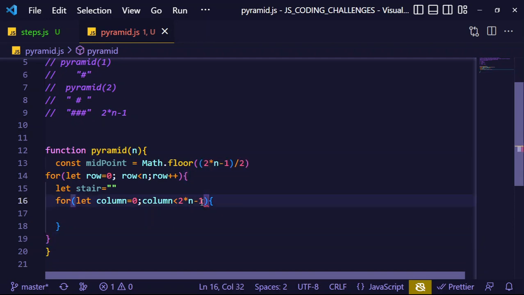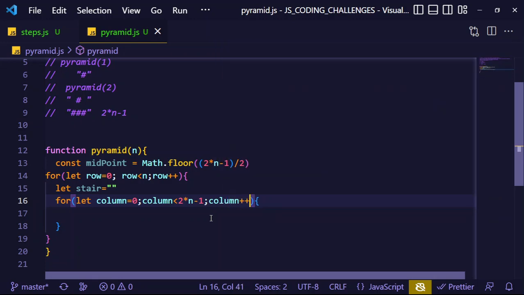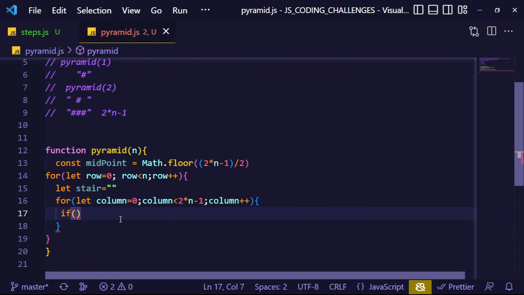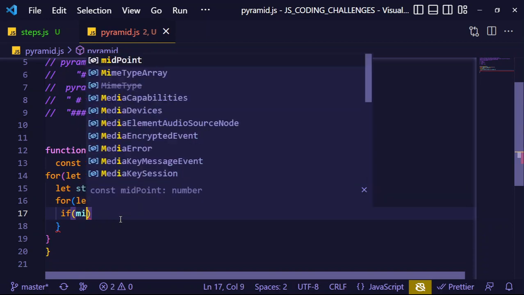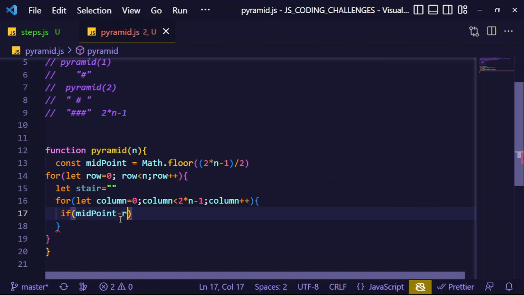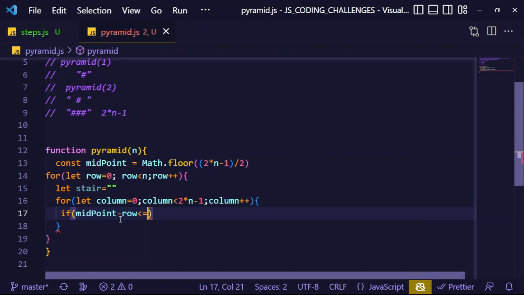I didn't complete, so I'm implementing column plus plus. So since now we're having a midpoint, we're going to be making a check inside our for loop here. We're going to say midpoint minus row. I'm going to first write out this code, and then later on I'll explain what it does.